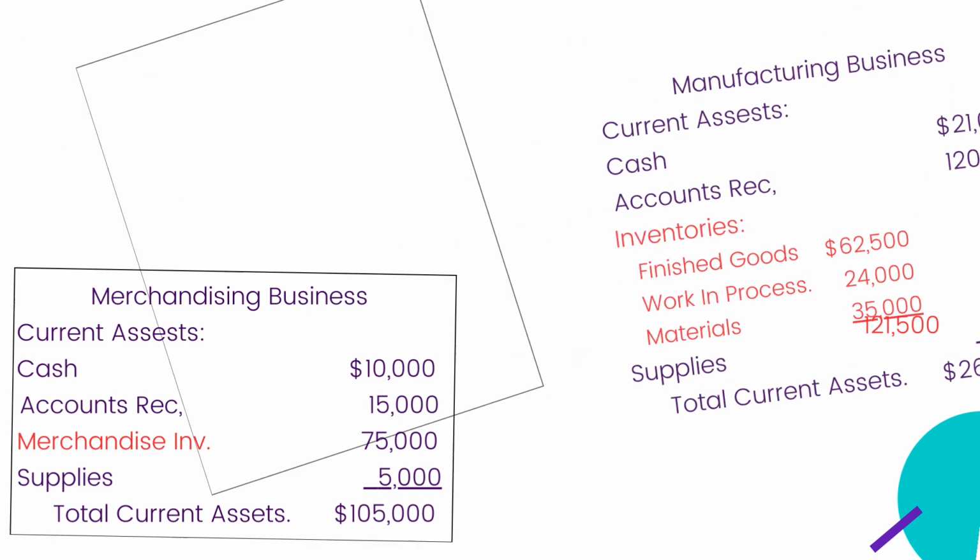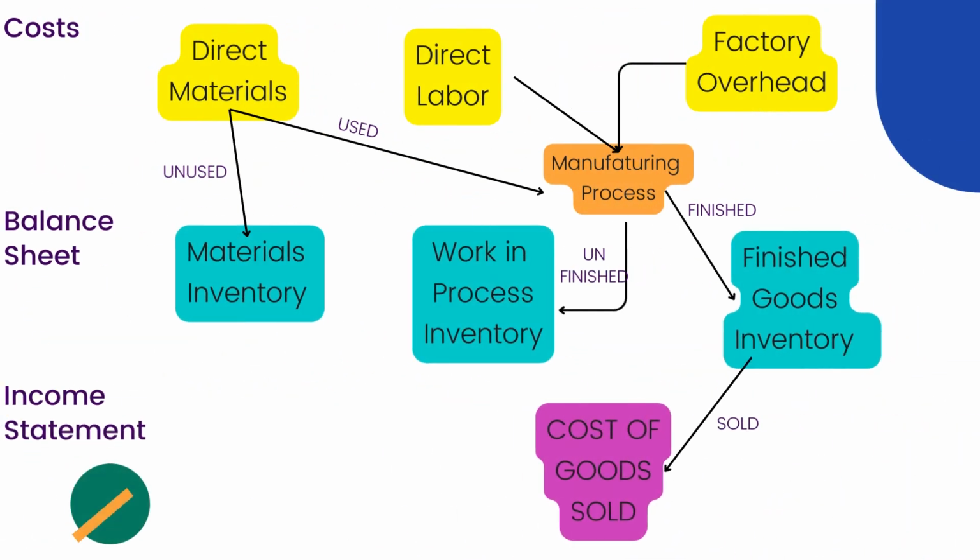If you remember, when we go back to the previous slide, we have our finished goods inventory, which is right here. We had that total, and we had our work in process total and our raw materials total. That raw materials total was any of the direct materials that we did not use.